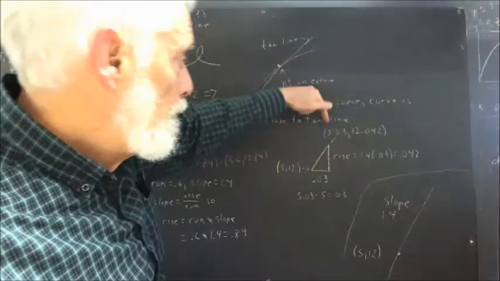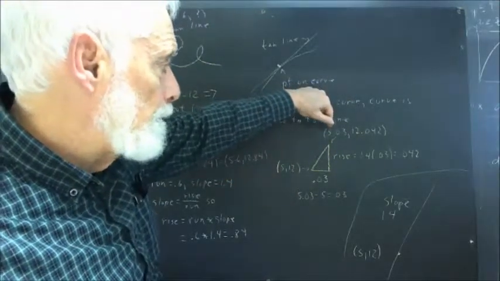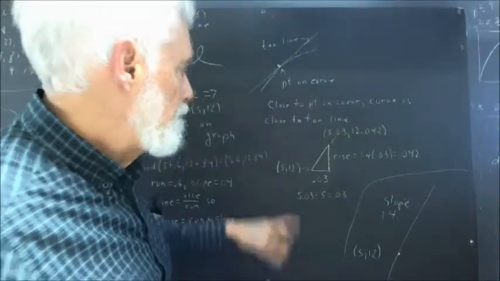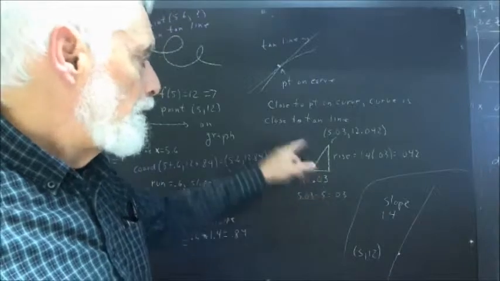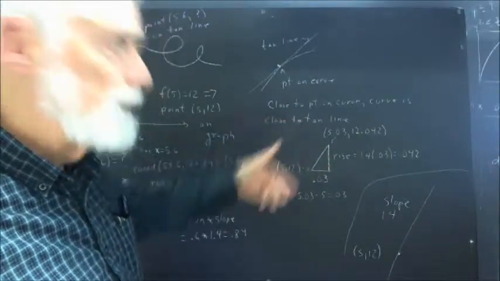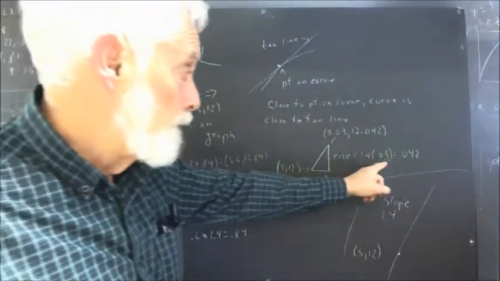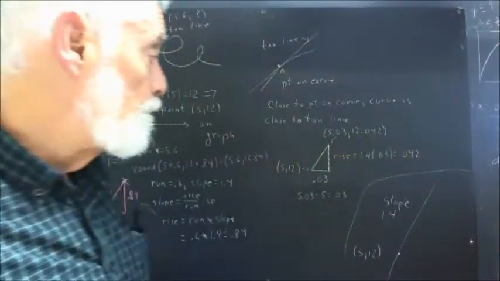Here's the calculation for the second point. We're trying to predict at 5.03, and following the same reasoning, we find a run of 0.03, a slope of 1.4. I didn't write that down, but we know that. We multiply the slope by the run, we get the rise 0.042.